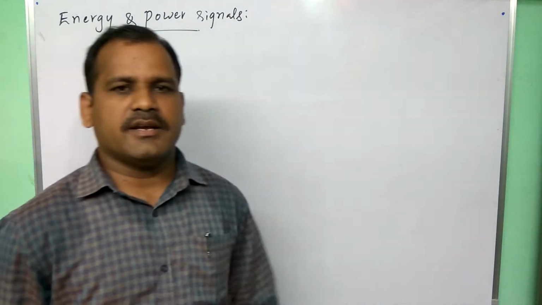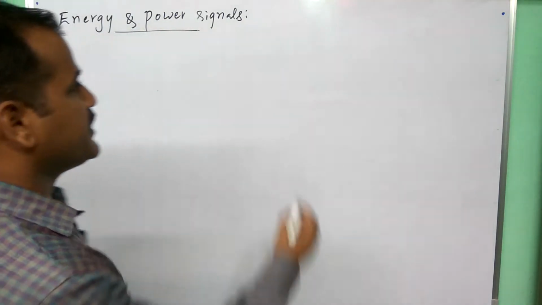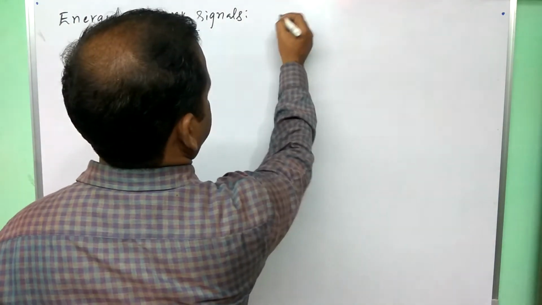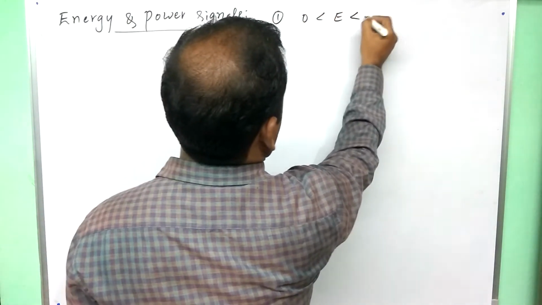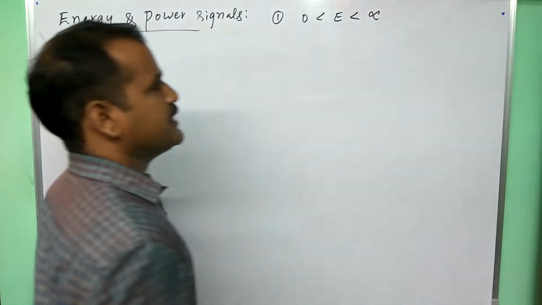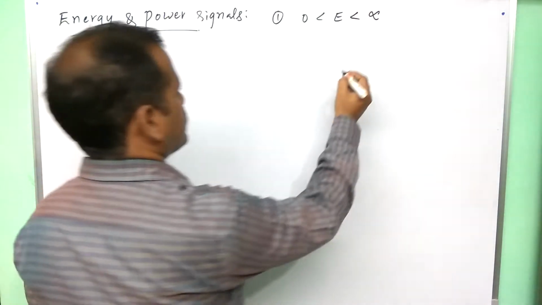First, a signal is said to be an energy signal if it satisfies the following condition: 0 less than E less than infinity. Here, E is the energy of the signal x of t.